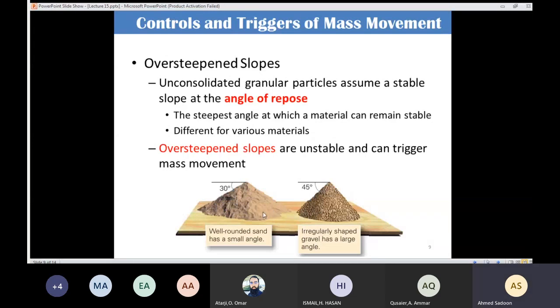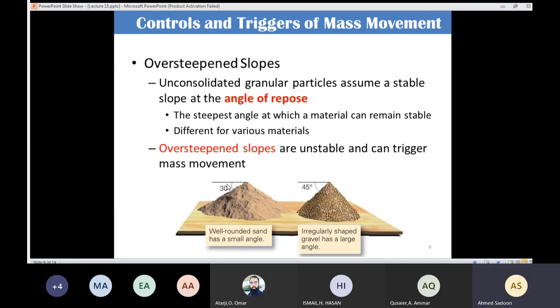And it's different from one material to another. For example, well-rounded sand is going to have a small angle. But irregularly shaped gravel is going to have a larger angle. So this one is stable at a larger angle of repose, and this one is stable at a small angle of repose.